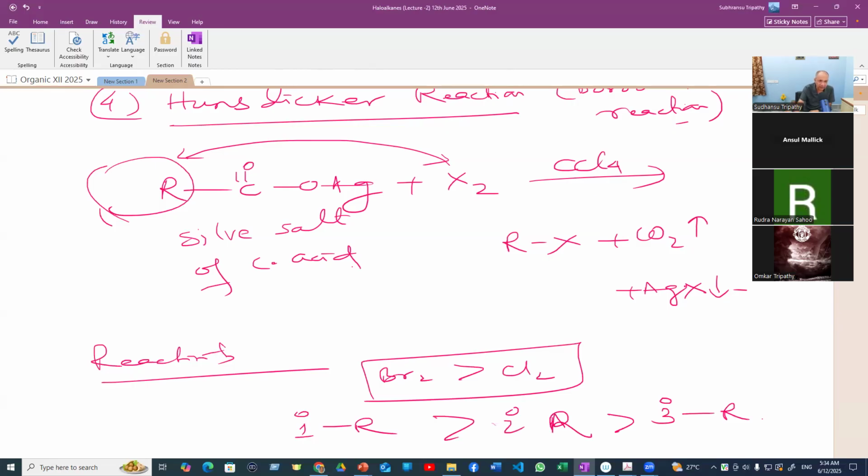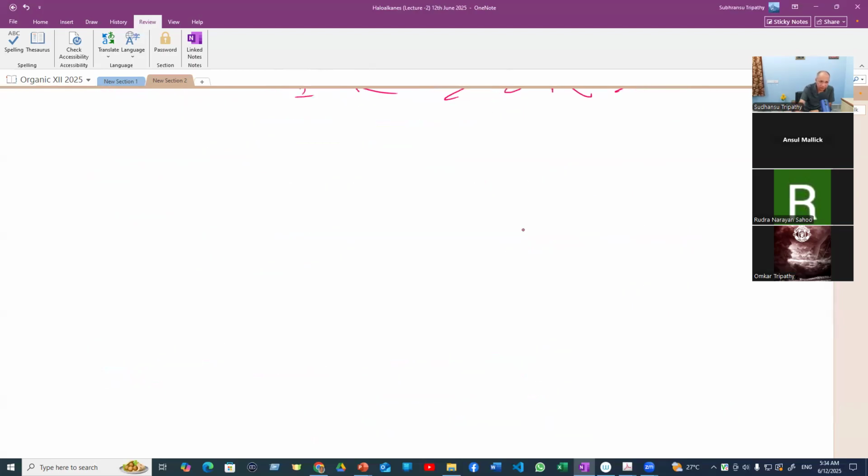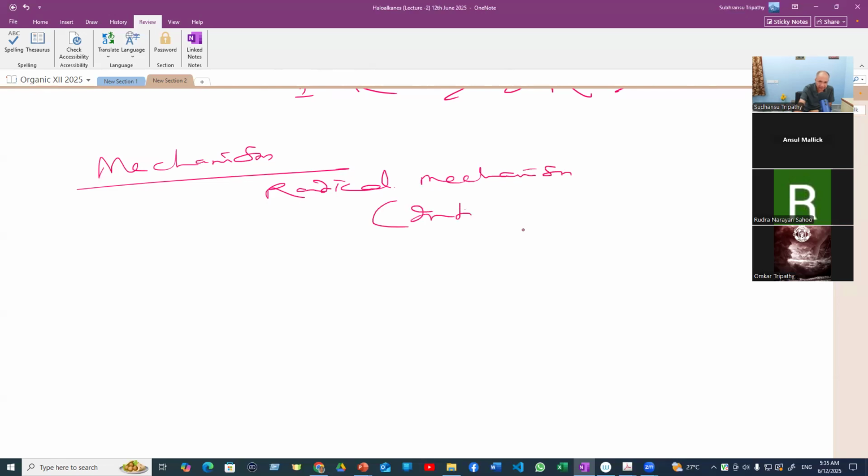And the mechanism is a radical mechanism, something very different. A free radical mechanism, an intimate radical pair is formed.